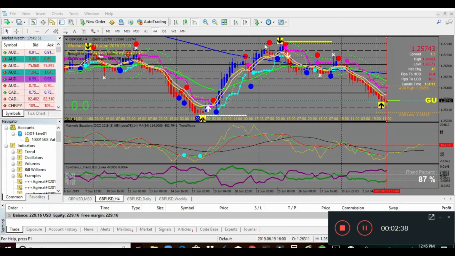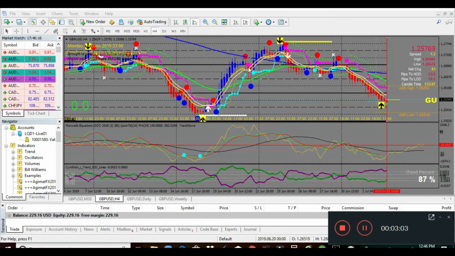If you took this buy right here, you would have taken this safe trade by waiting until your moving average just crossed above this green 20 moving average. So when your 5 and your 10 cross above your 20 moving average, you could take that trade as a very safe trade. And as you can see, there was probably no drawdown.